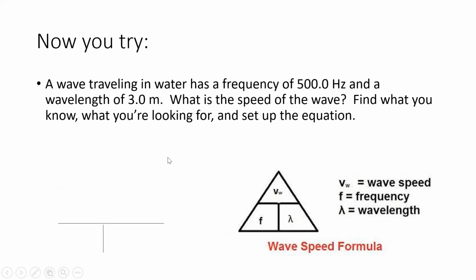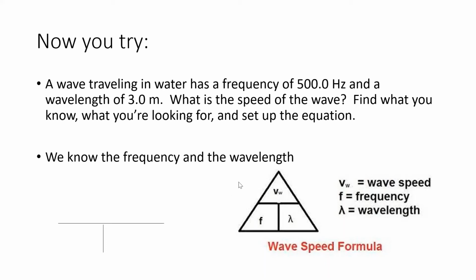All right, a wave traveling in water has a frequency of 500 hertz and a wavelength of 3 meters. What is the speed of the wave? Again, find out what we know and what we're looking for and set up our equation. We know frequency and wavelength.